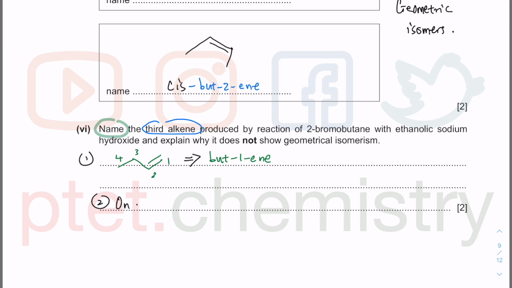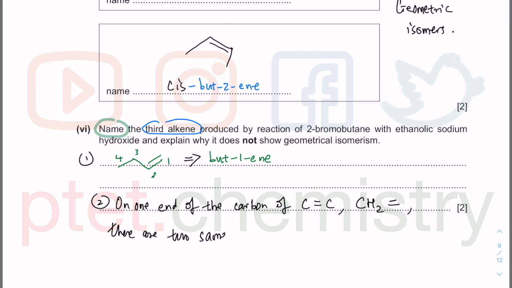So on one end of the carbon-carbon double bond, even though you have a carbon-carbon double bond, I'm looking at this CH2 double bond, there are two same atoms, or in different cases, two same groups of atoms.